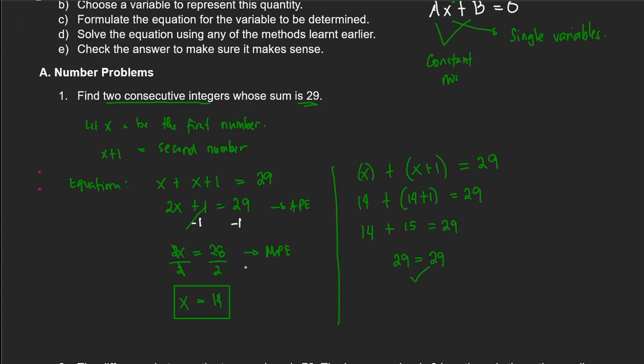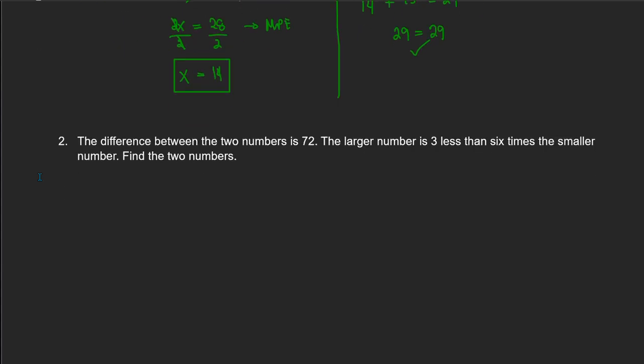Remember, our first integer is equal to 14, while our second integer natin is equal to 15. Okay? And that will be our solution for number 1. All right? Now, let's proceed. I hope that you still follow the process. Okay? Now, let's proceed with number 2.